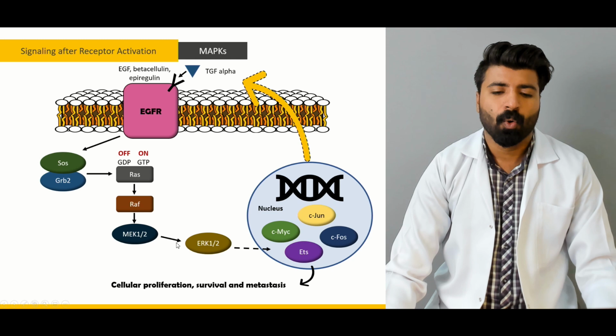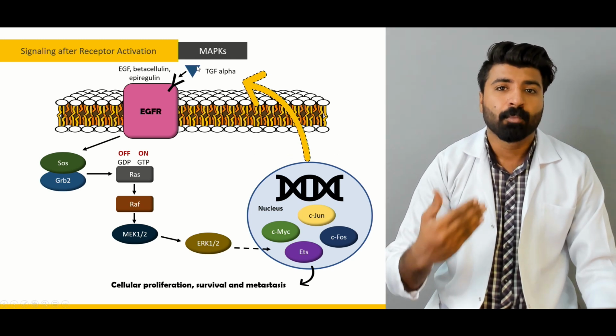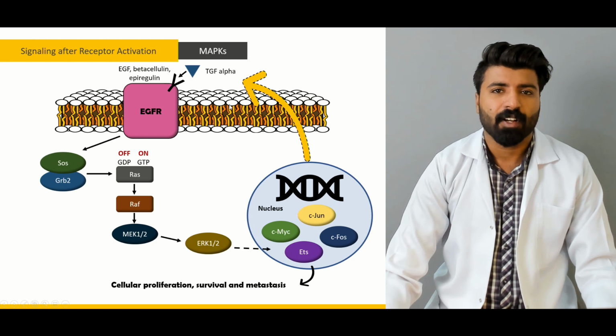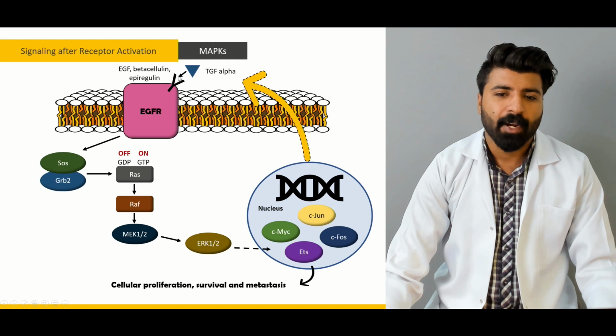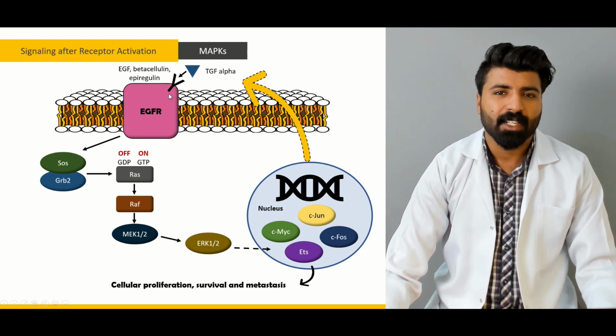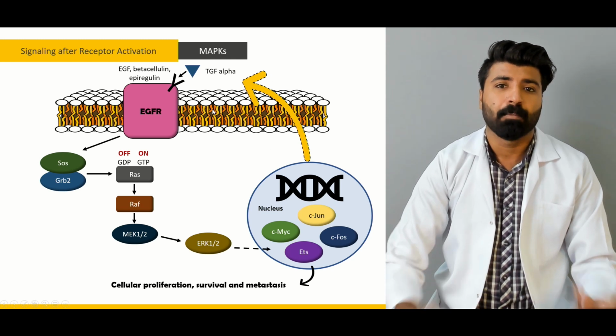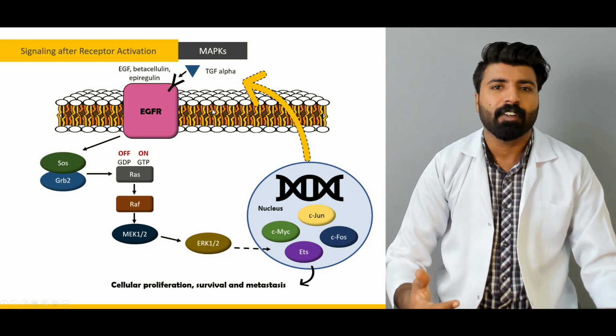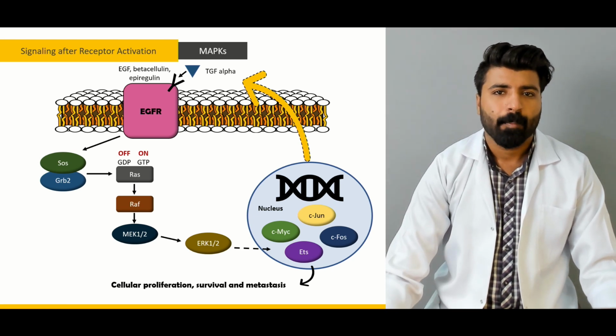Now, this whole system will in turn give more and more TGF alpha. More and more TGF alpha will bind here, more and more this reaction will be happening, and this is actually a loop. This is a vicious cycle which once begins, it never ends. It will keep proliferating until it bursts that cell and comes out of it and gets to another cell.